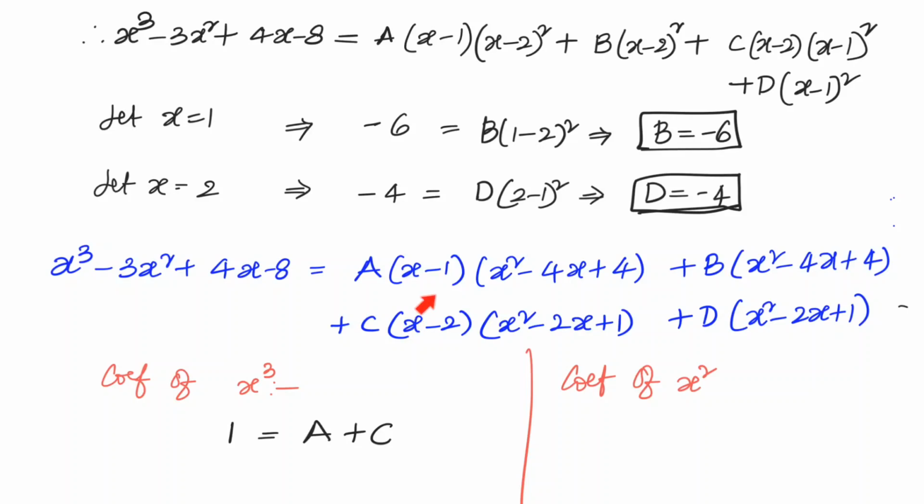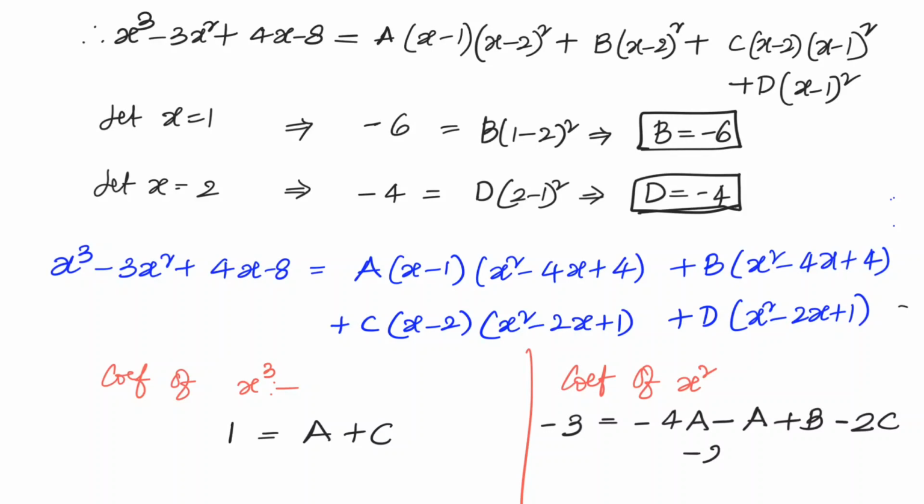Let us compare the coefficient of x square now. From the left hand side we will have minus 3. Minus 3 equals the right hand side: a into minus 4, minus 4a, minus a plus b minus 2c plus d. What are we trying to do here?